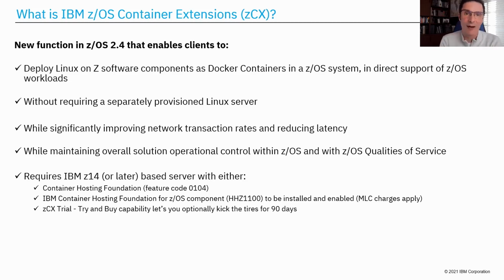Suffice it to say right now that when you're communicating between zOS and a ZCX application, you are doing a memory move between address spaces. So there is no need to actually go over the network card or to do anything through the lower layers of the TCP/IP stack when communicating between these two applications.